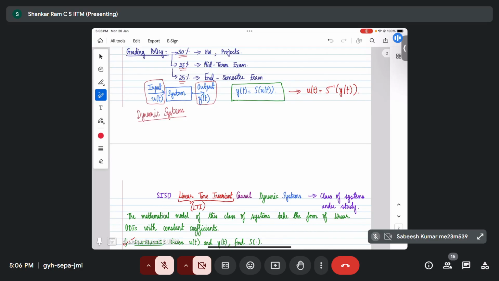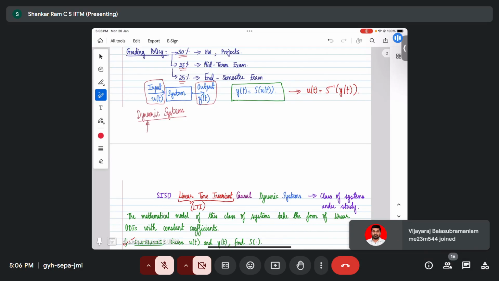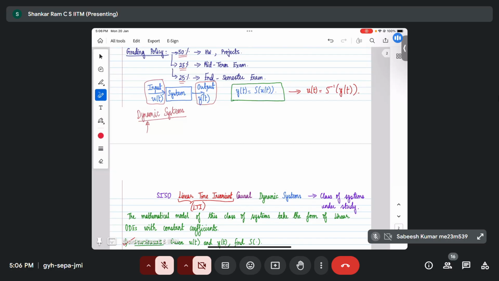And the word dynamic is used to indicate that the variables associated with the system are all functions of time. Time is the independent variable. So we write y(t) equals S of u(t), where S is the mapping between the input and the output, which is the mathematical model of the system.